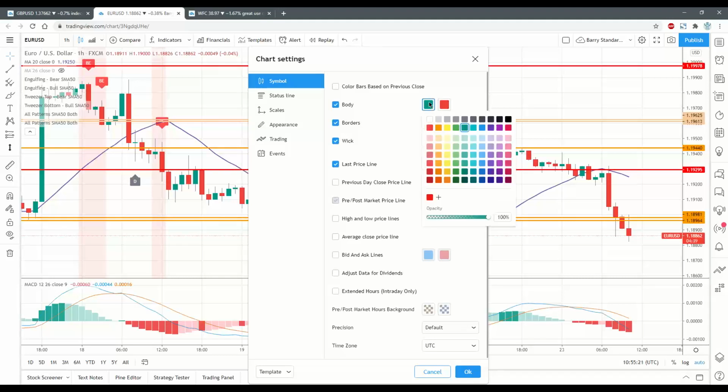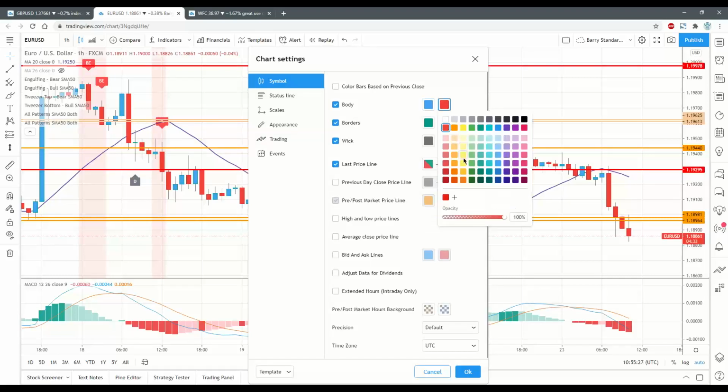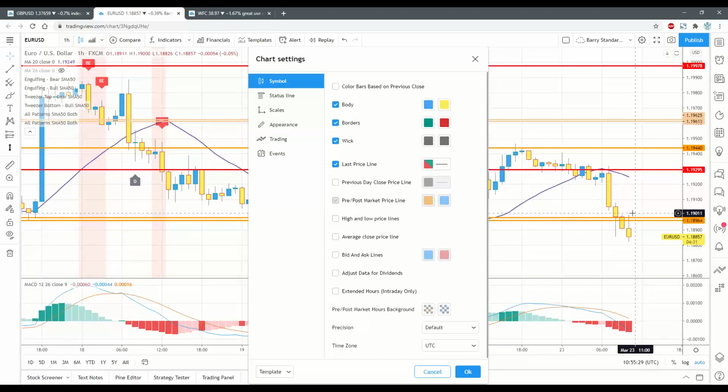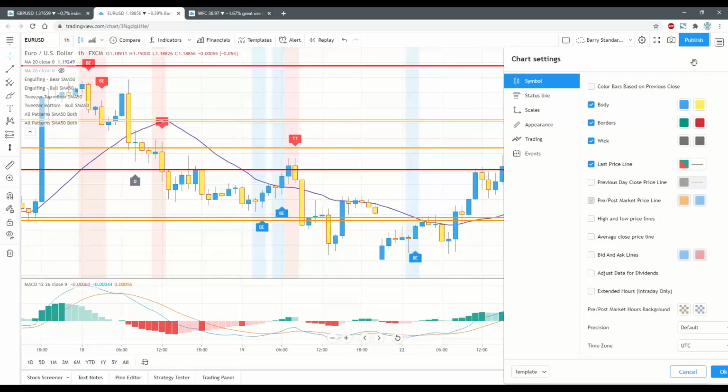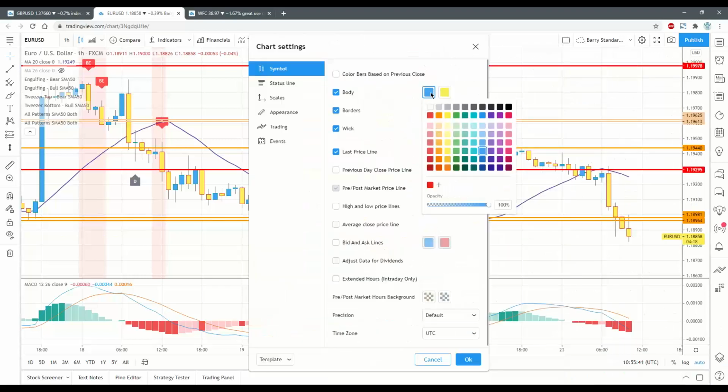But if I decided I wanted to use royal blue and gold, I could. As long as I knew that the gold was negative or bearish and the blue was bullish. Let's put it back to where it was so I don't forget.